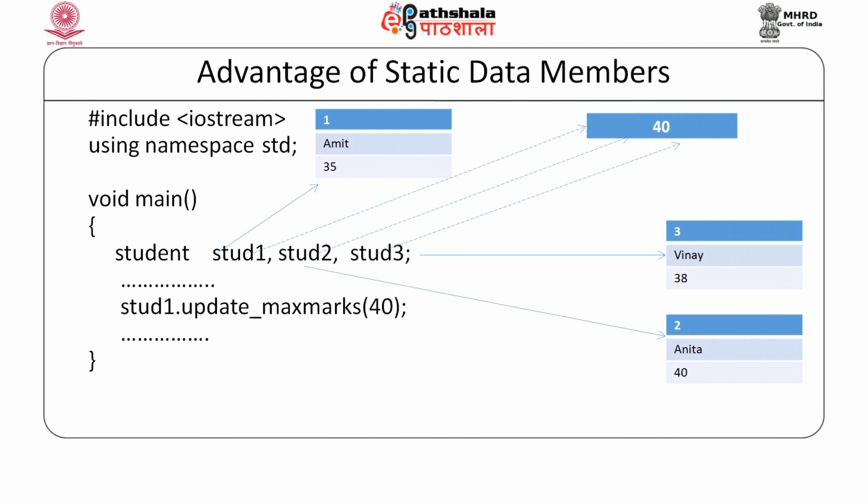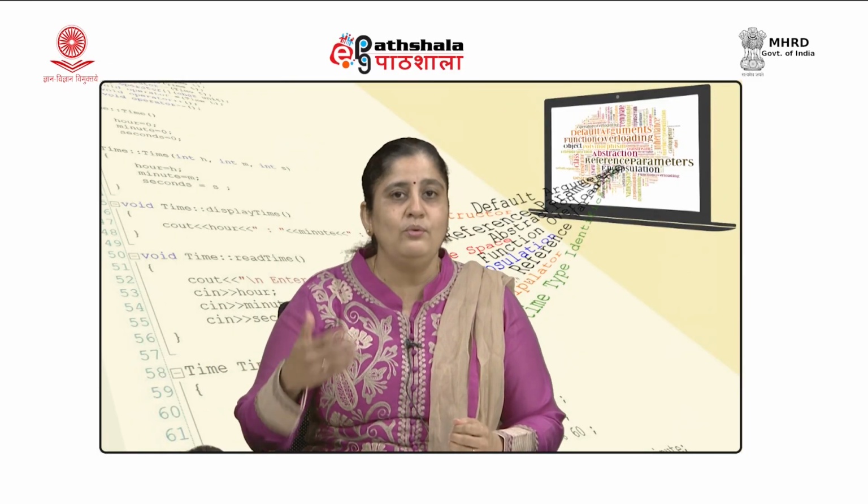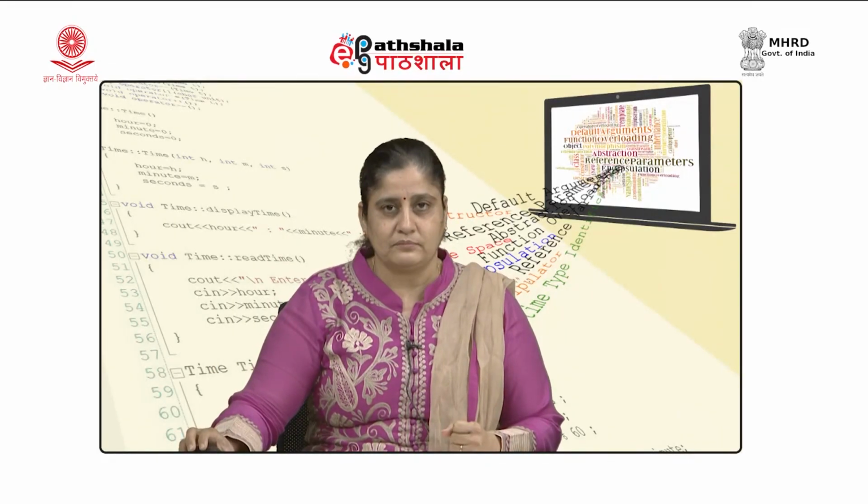Now, see, I am using the student 1 object, and this does not mean that I am updating the maximum marks of student 1. Actually, I am not updating the maximum marks of student 1. What I am doing is trying to update this common copy which is common for all the objects, but I am invoking it on the stud1 object, because as I said, the member function cannot be invoked without any object, and therefore, I have to use an object to invoke that particular function.